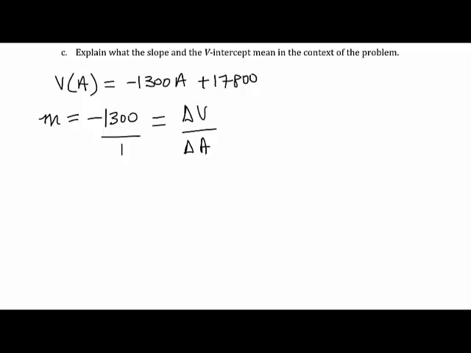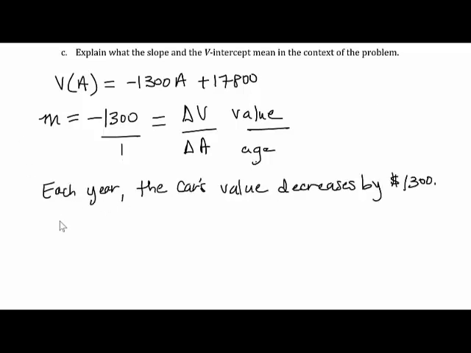And so if I think about what these stand for, the change in value and then the change in age. And so because the age of the car was in years, every 1 year, the car's value decreases by $1,300.